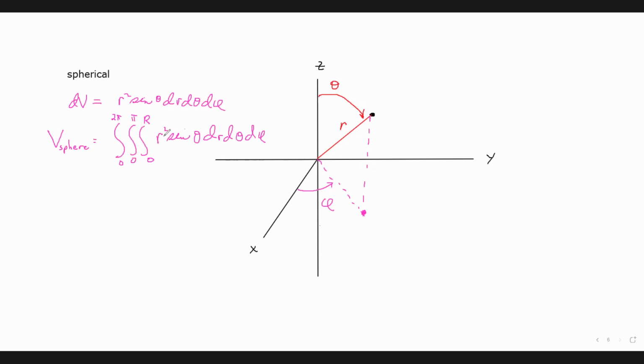Now, do the integration with respect to r, holding sine theta as if it were a constant. Do the integration with respect to theta, and then do the integration with respect to phi. And your answer, if you do it correctly, had better be 4/3 pi r cubed. And you can see where the r cubed comes from. What's the antiderivative of r squared? It's 1/3 r cubed.